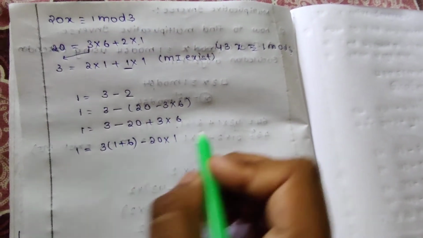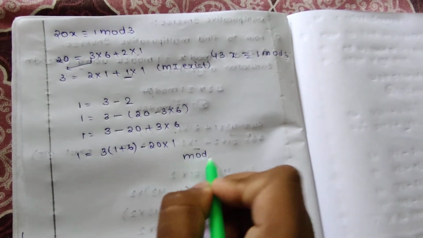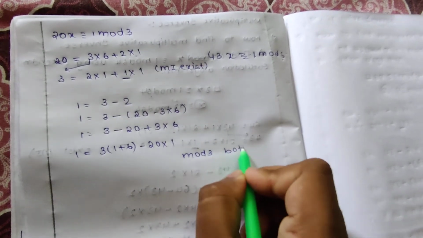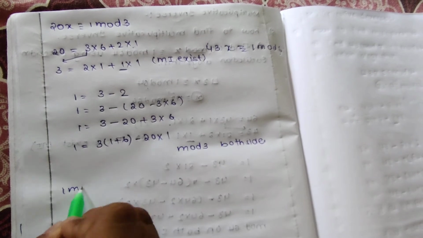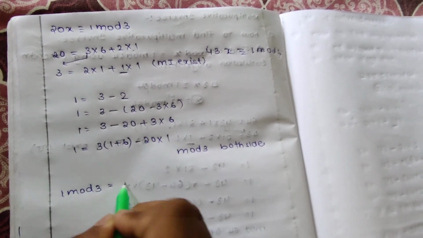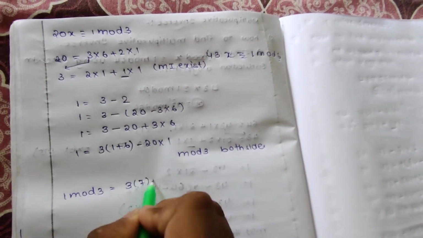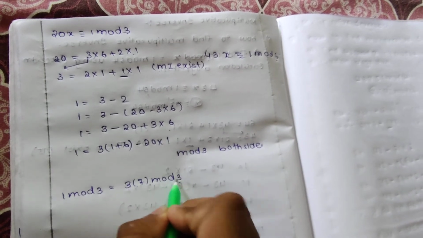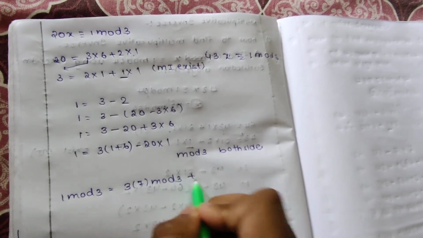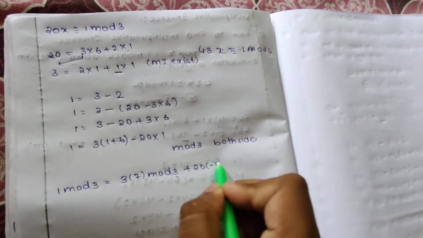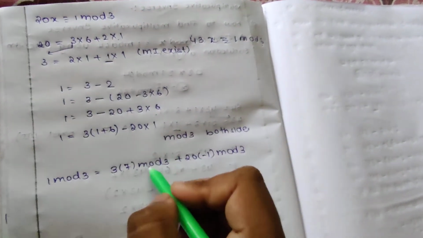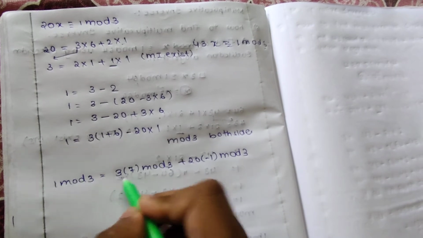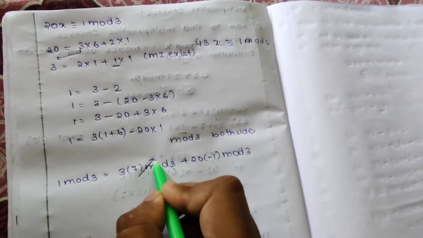Now, as previously, you apply mod 3 on both sides. Now 1 mod 3 is equal to 3 into 7 mod 3 plus 20 into minus 1 mod 3. We know that any multiple of 3 gives remainder 0, so it tends to 0.